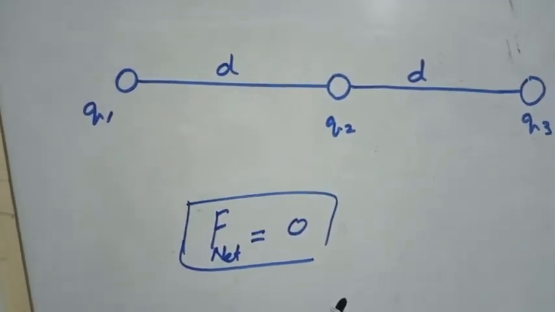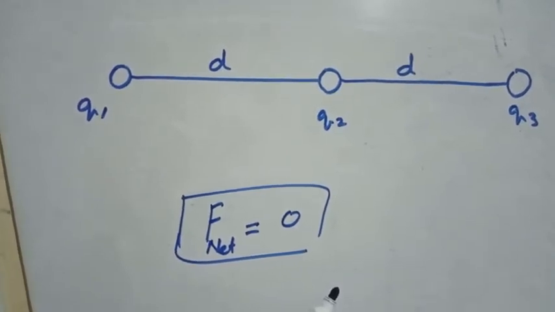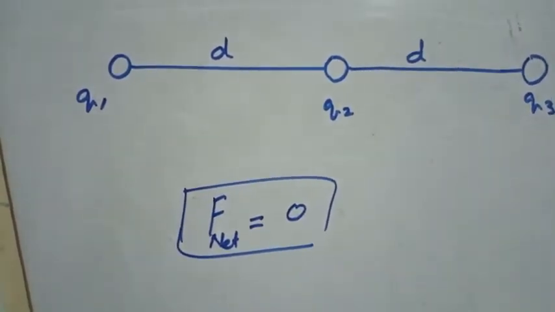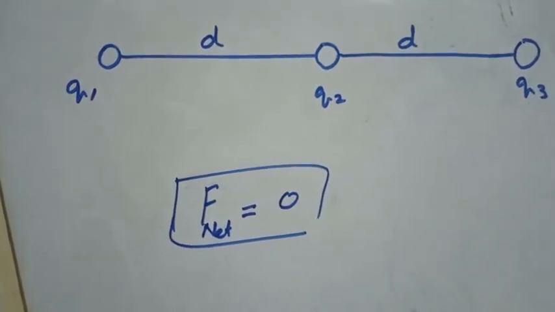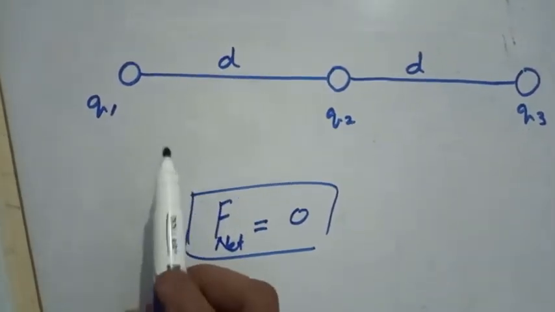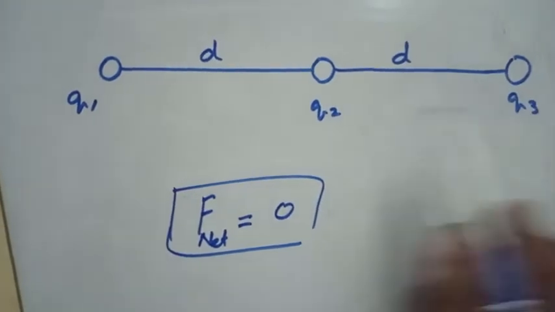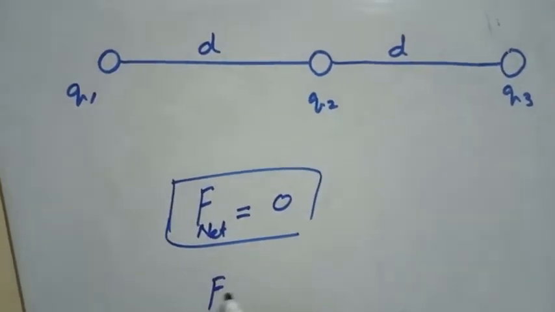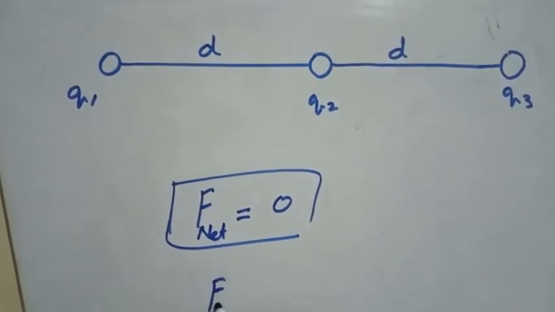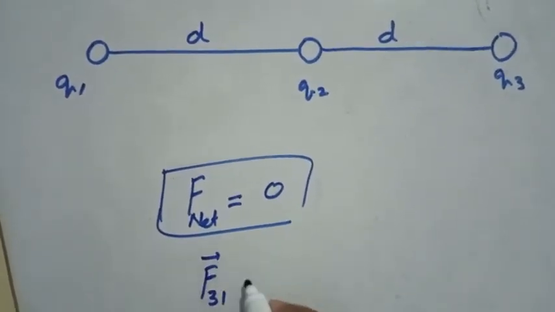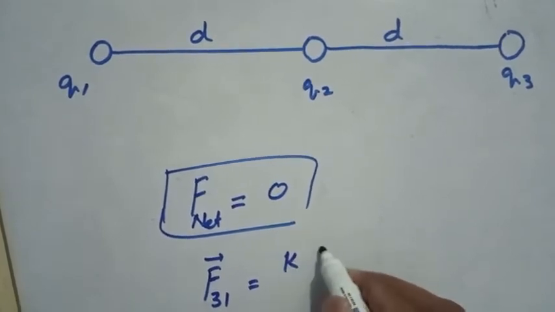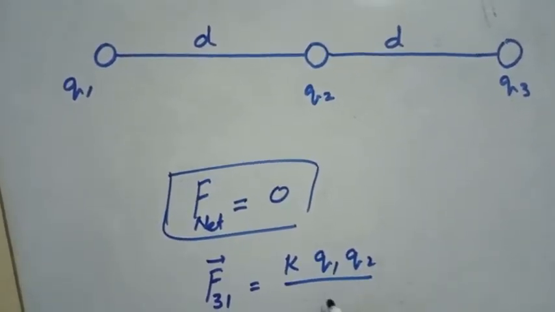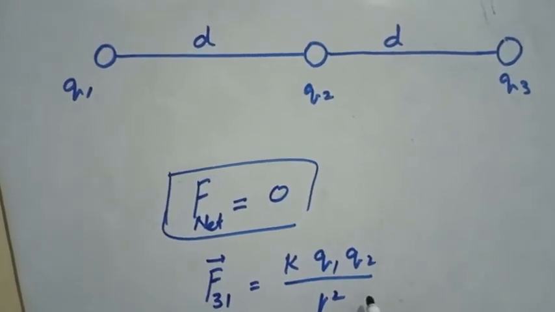Now as we know that two charged particles exert force on each other according to Coulomb's law, the force exerted on charge q3 by charge q1 can be written as: force exerted on 3 by 1 is equal to k q1 q3 over r square, times r31 hat.